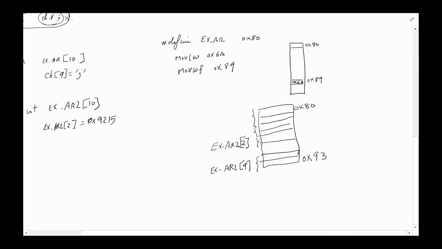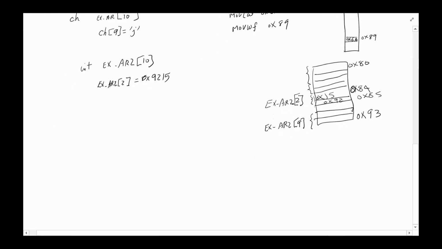So that's going to go in here, and 15 hex is going to go in the first location, which is 0x84, and 0x85. So 15 and 92. Okay, so that's how the arrays work.